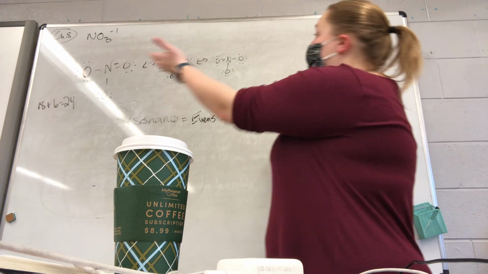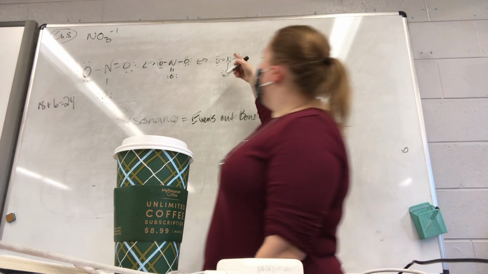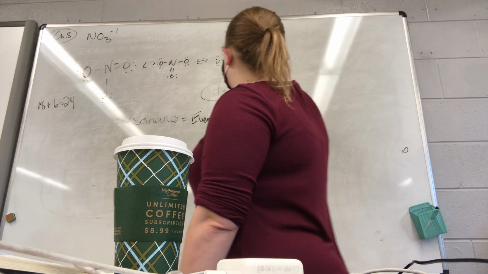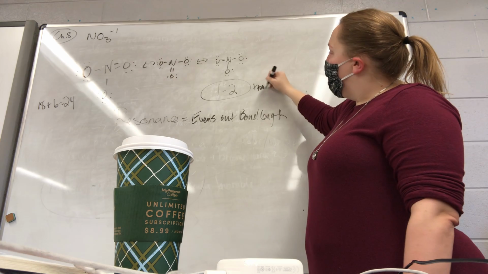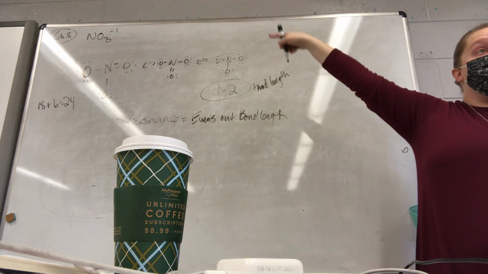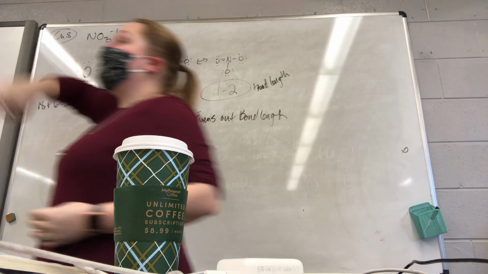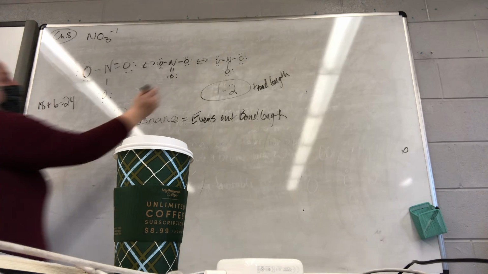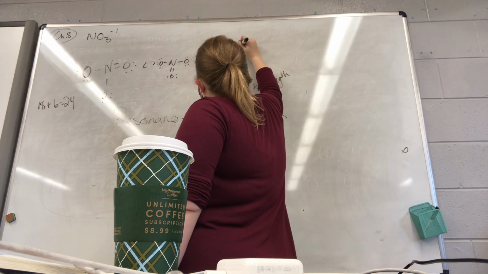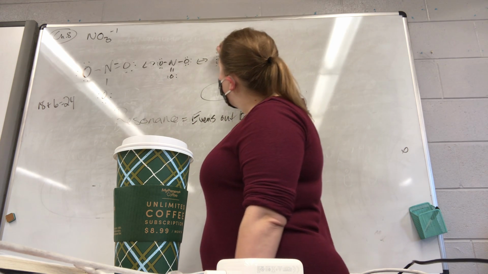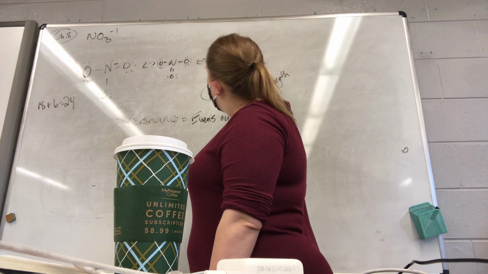In this particular case, all of these bonds would have a length somewhere between a single and a double bond, but they would all have the exact same number. So if we said that this one was 1.7 angstroms, this one would be 1.7 angstroms, and this one would be 1.7 angstroms.